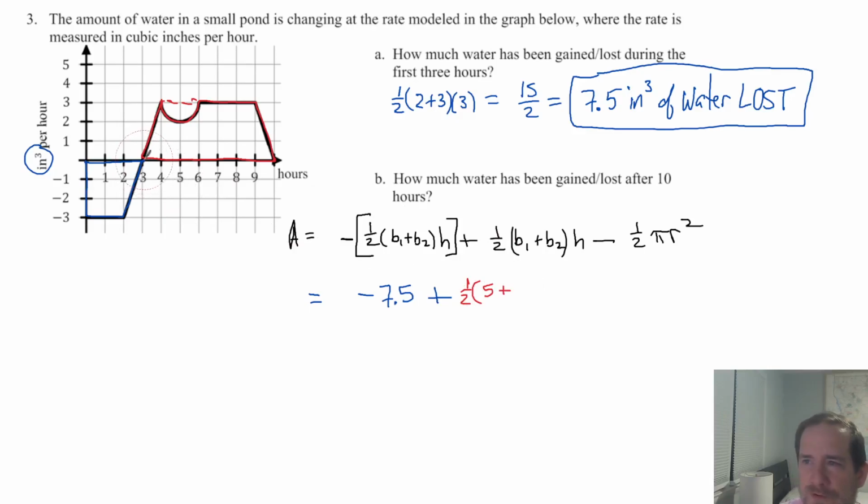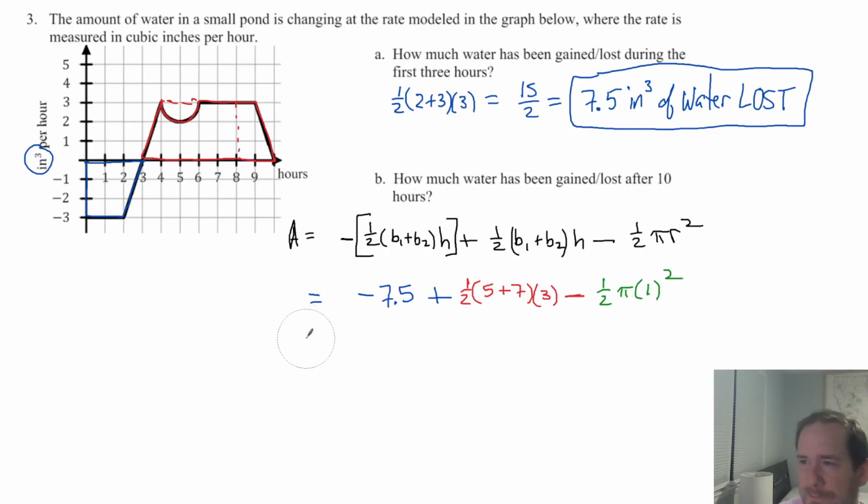The other base goes from 3 to 10, so that's 7. And the height between the two parallel sides is 1, 2, 3. Then I need to take away from that our little semicircular cutout. So that's 1/2 pi times the radius squared. The radius this time is only 1.